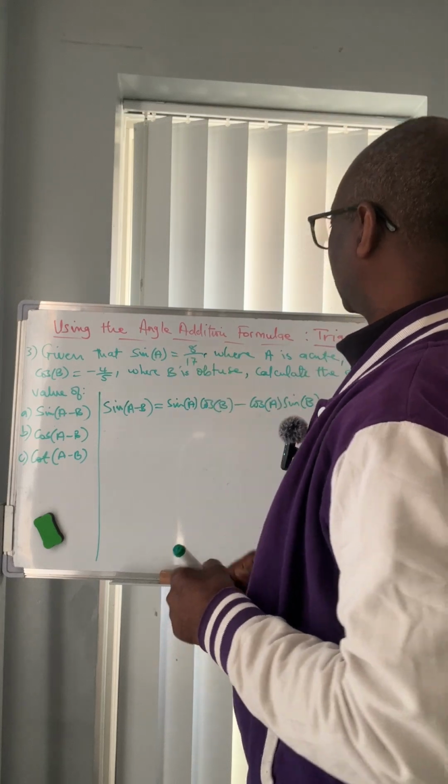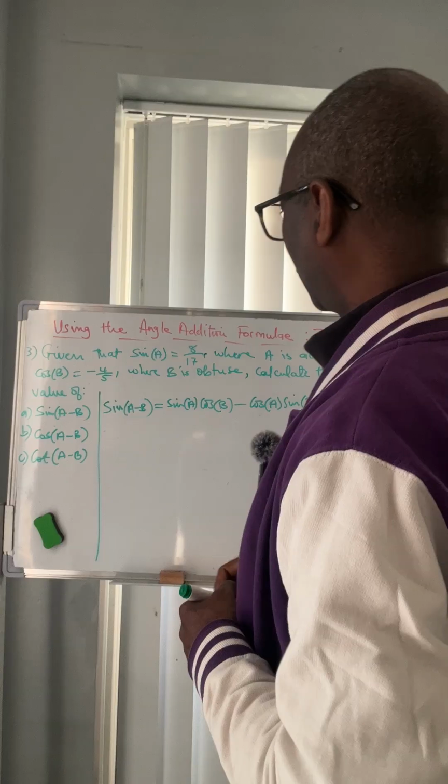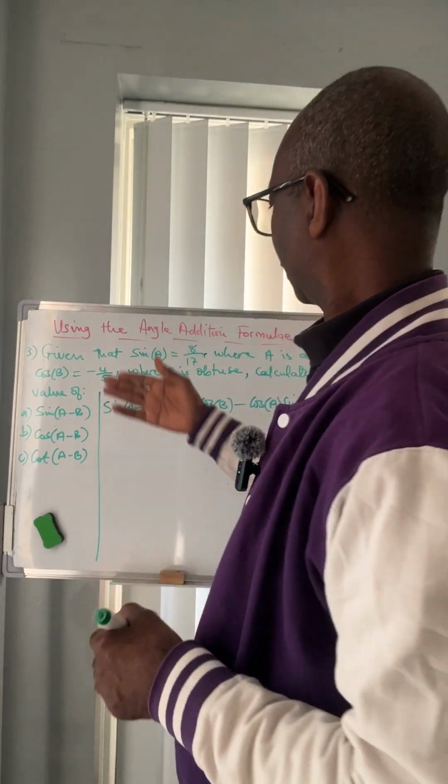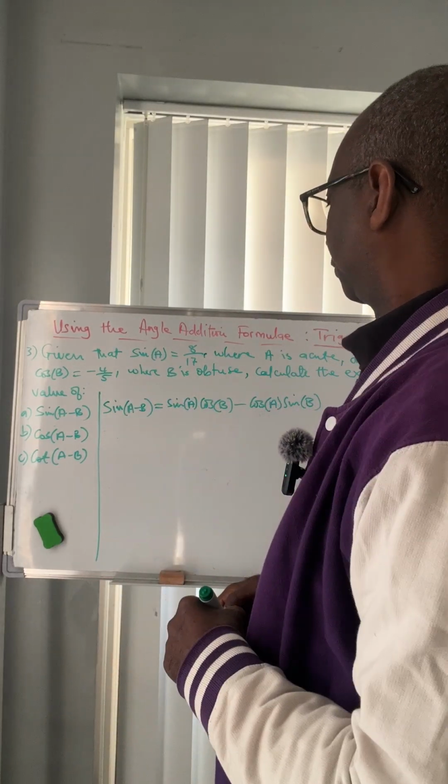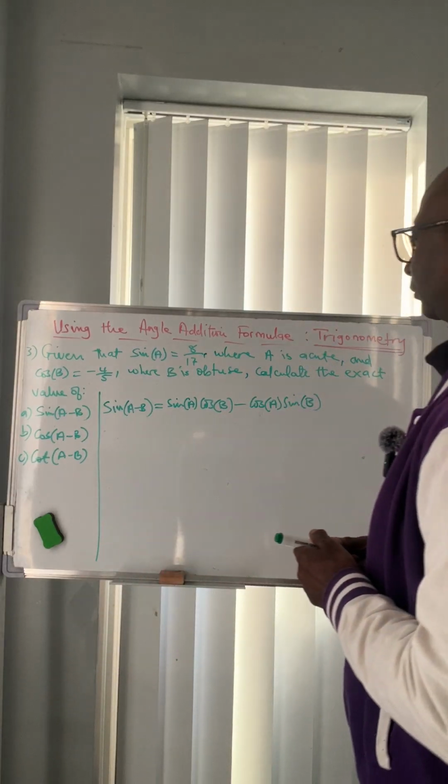We are given sine A, and A is acute. That is fine. We are given cos B, and B is obtuse. That's something we need to work out.